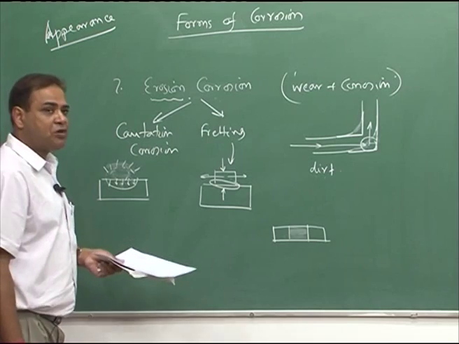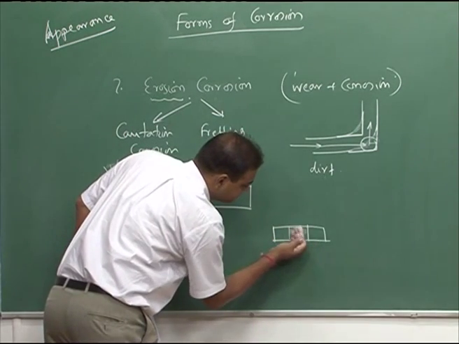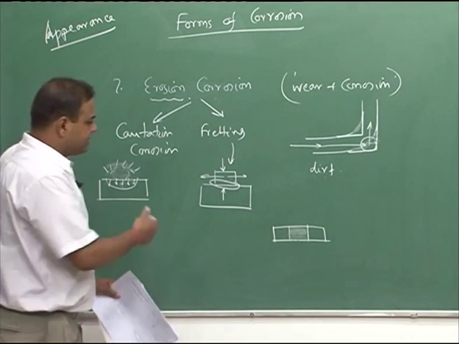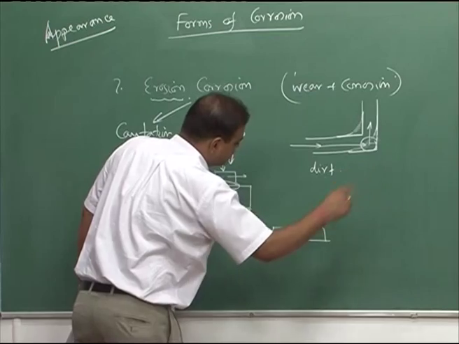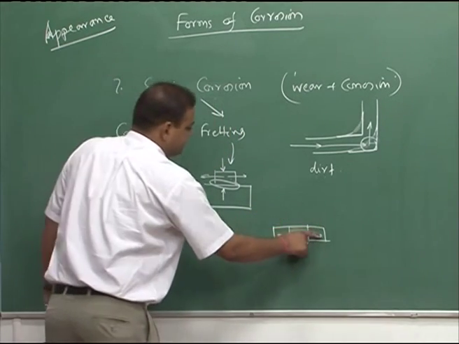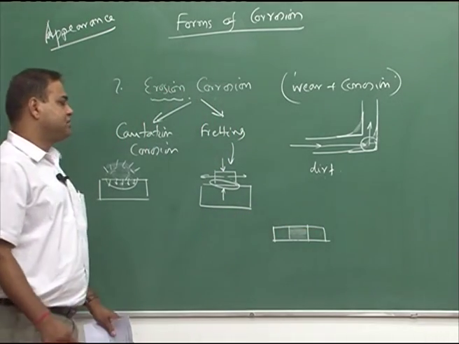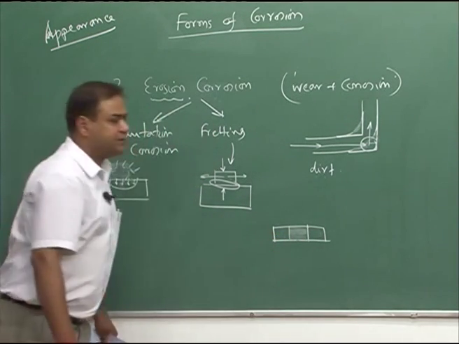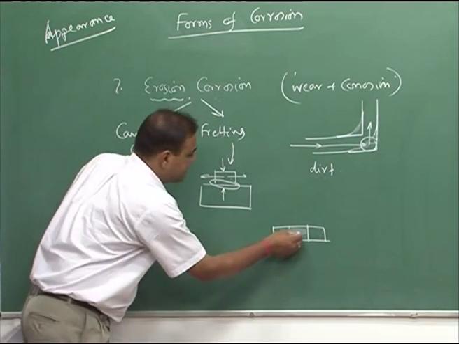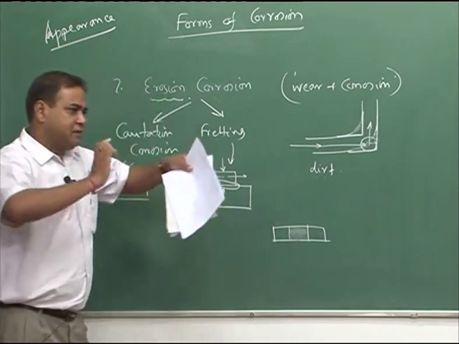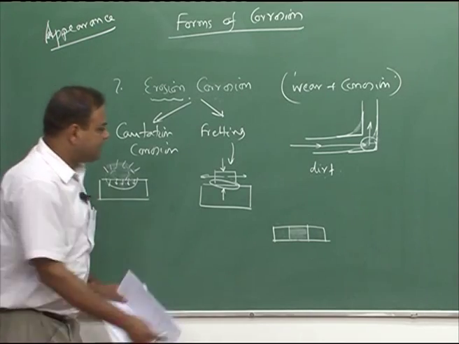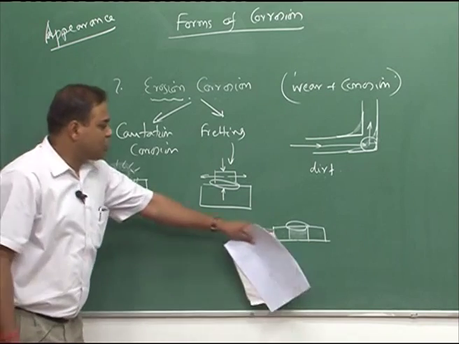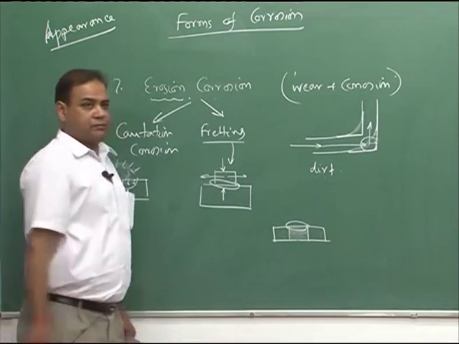That expansion will lead to a relative movement between this fish plate and the line, and when the train goes, the line will again come back to its original shape. So there is another relative movement, and all the time the fish plate and the line are under compressive pressure. Near this zone we have corrosion, and this is called fretting corrosion.